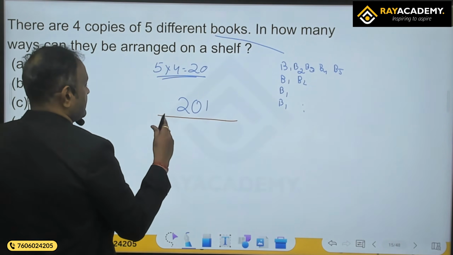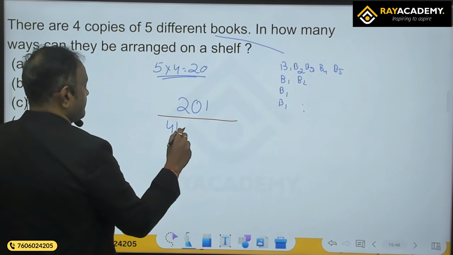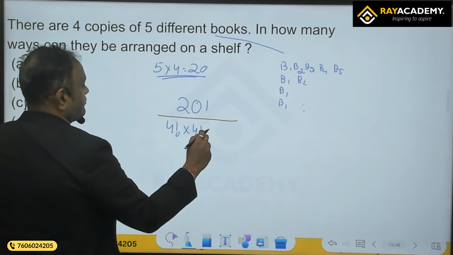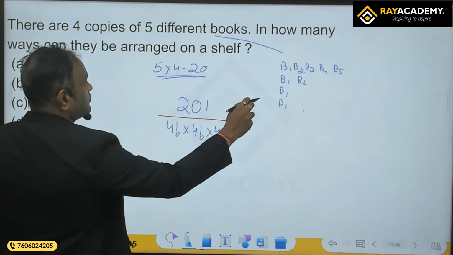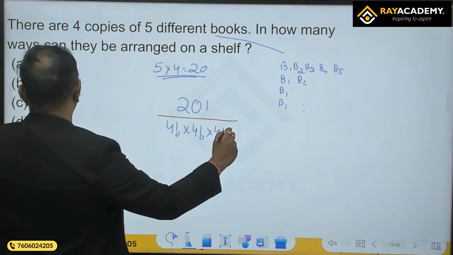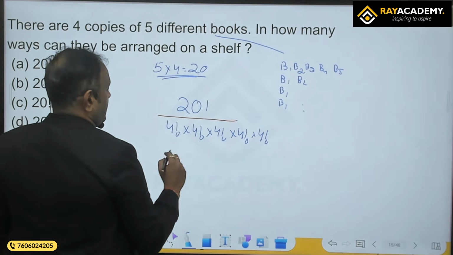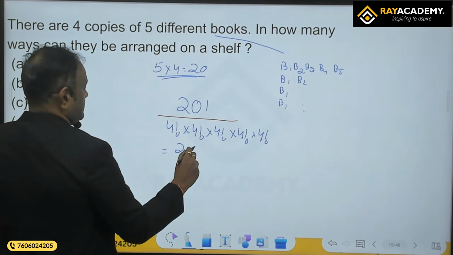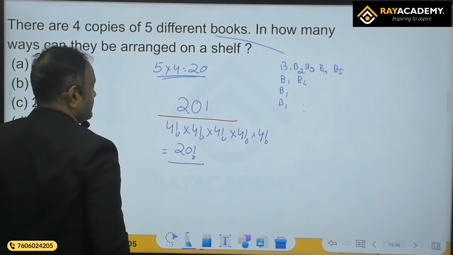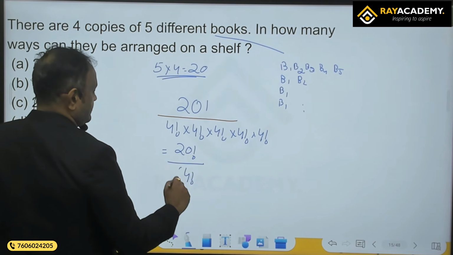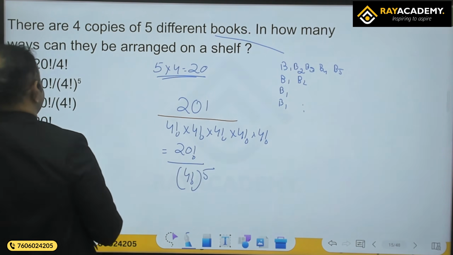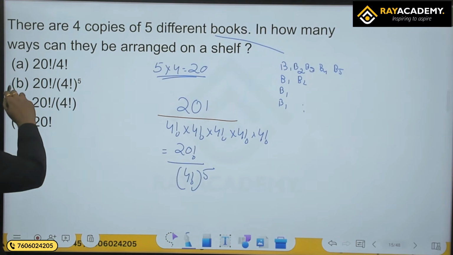Book 1 is repeated 4 times, so it can be done in 4 factorial ways. Similarly book 2, book 3, like that. So the answer will be 20 factorial divided by 4 factorial to the power 5. Right answer is this one.